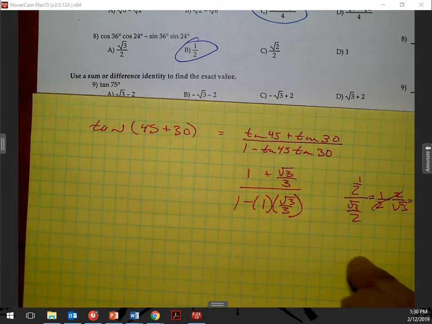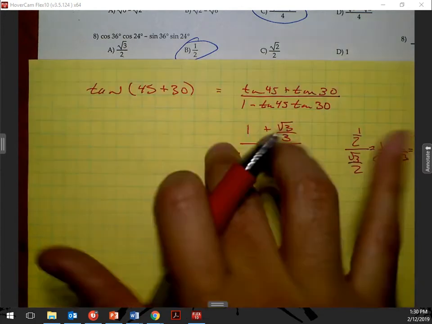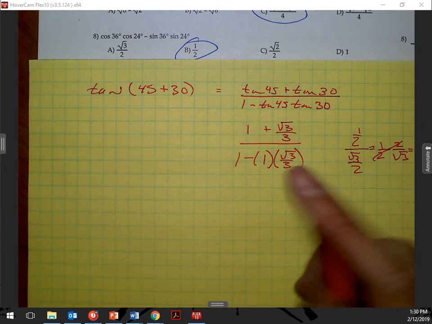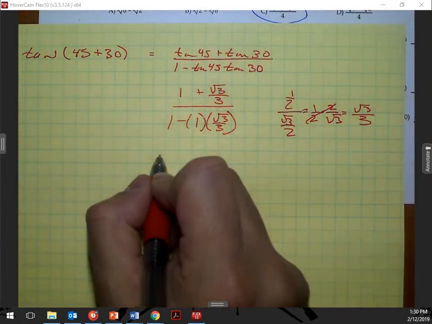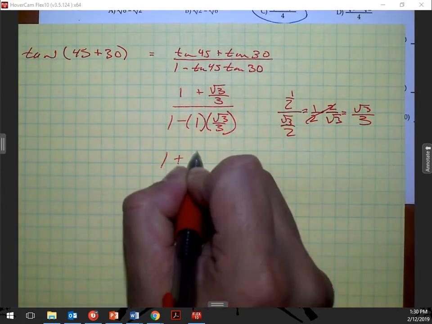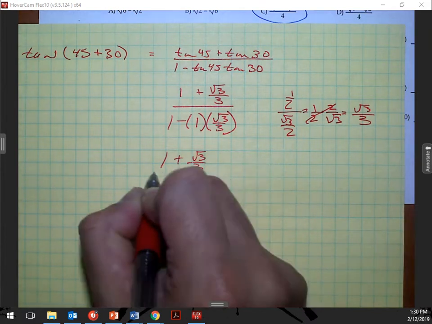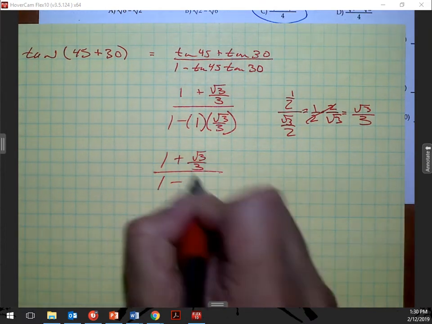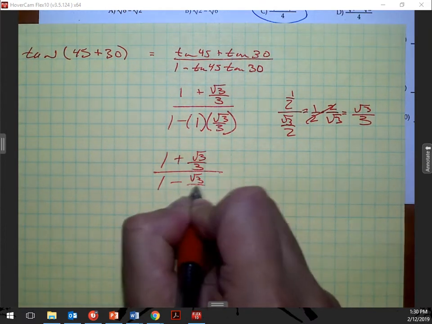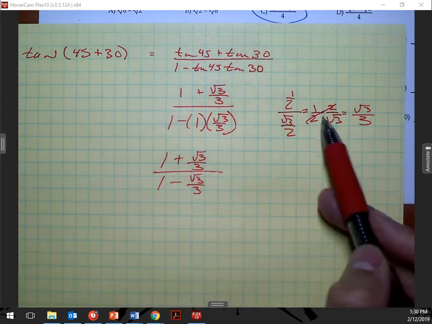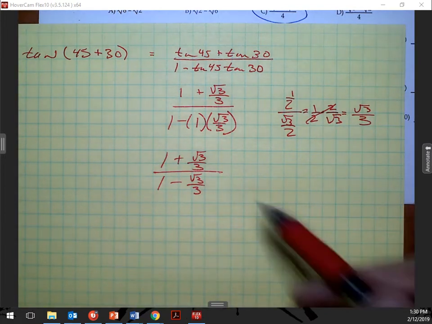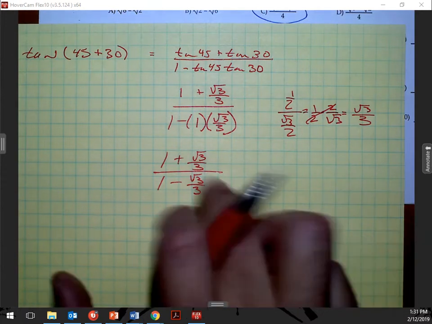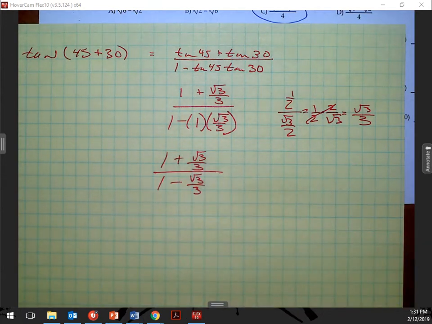That's a lot. So we're going to do the math on this. 1 plus rad 3 over 3 over 1 minus rad 3 over 3. I had to rationalize that. All right, common denominator. What is my common denominator for both of these? 3.